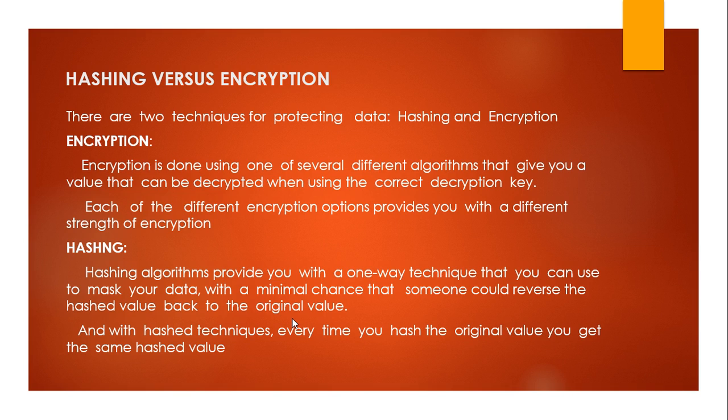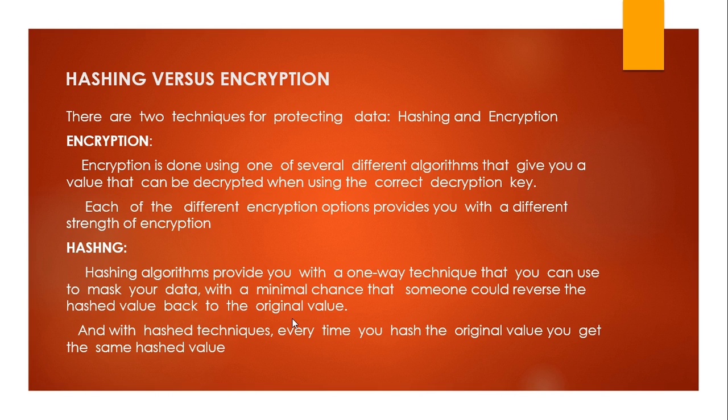Suppose after you encode data with an encryption algorithm, if you use a different decryption key that does not correspond to the encryption algorithm, you can't decode the data. If you use the proper decryption key that corresponds to the encryption key, only then can you decode the data from the database. Each of the different encryption options produces a different strength of encryption. As I said, we have different encryption algorithms, and each and every encryption algorithm has a different strength of encryption.